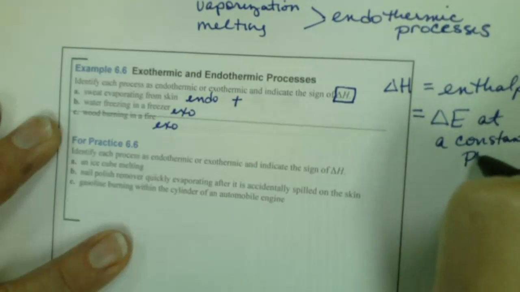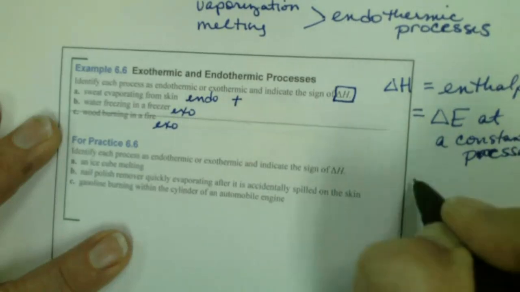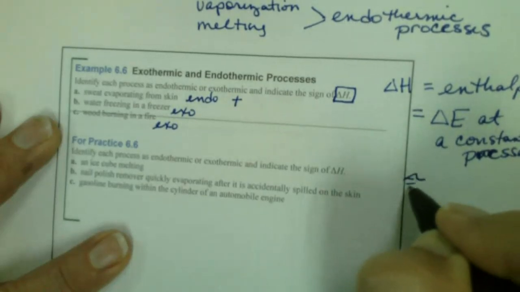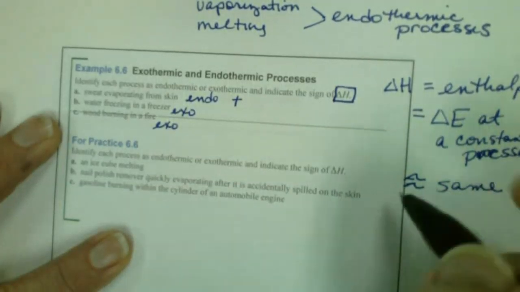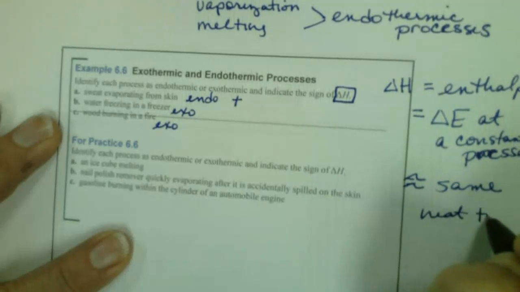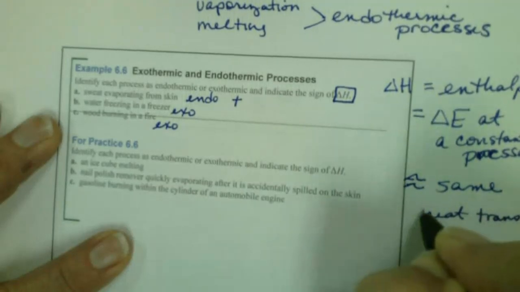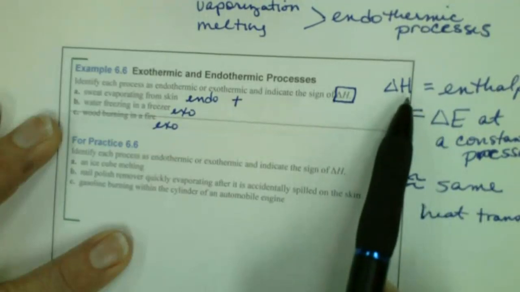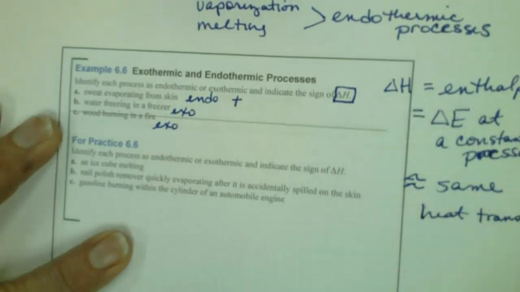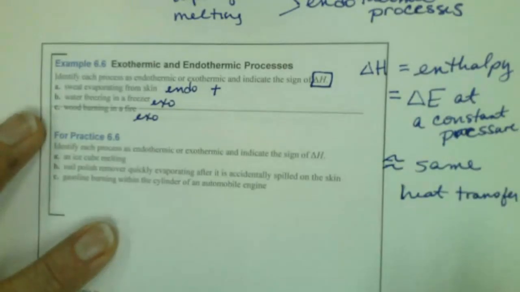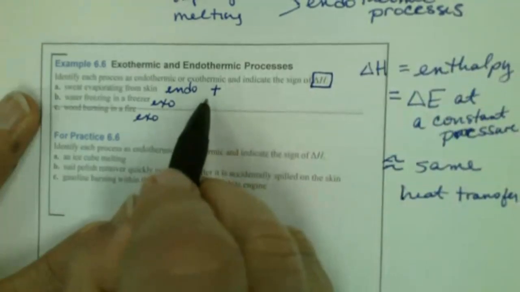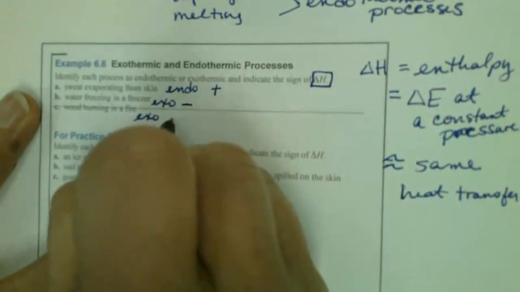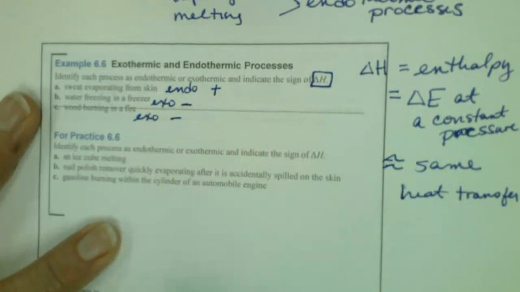For our purposes, we're going to treat them the same. Okay, so delta H, enthalpy, heat transfer. Don't get too hung up on it, but you do need to know that delta H is enthalpy, depending on what part of the country you're from. Okay, so a positive delta H is endothermic. A negative delta H is exothermic.